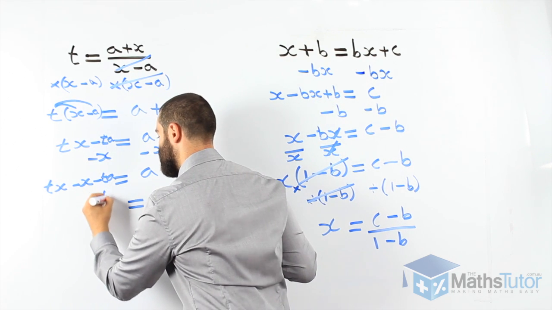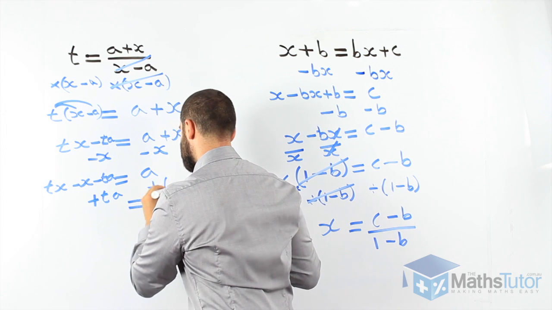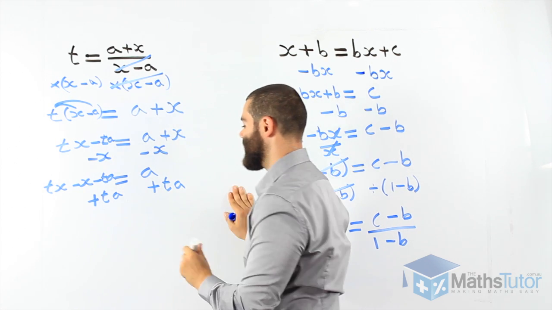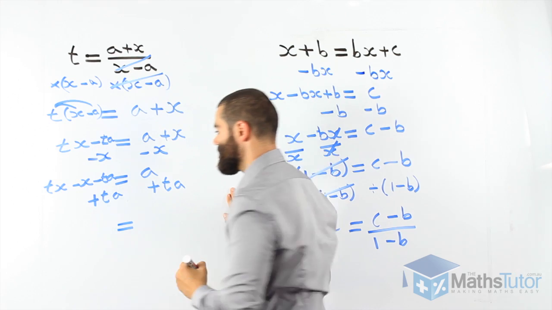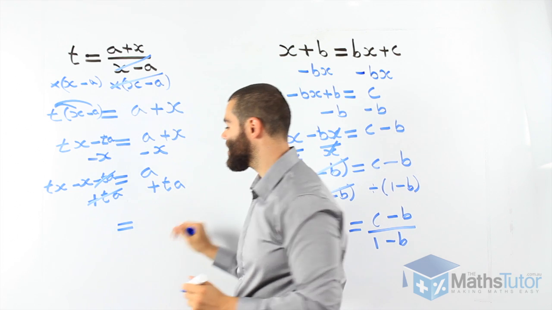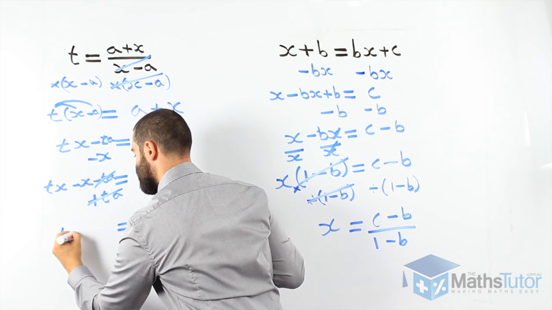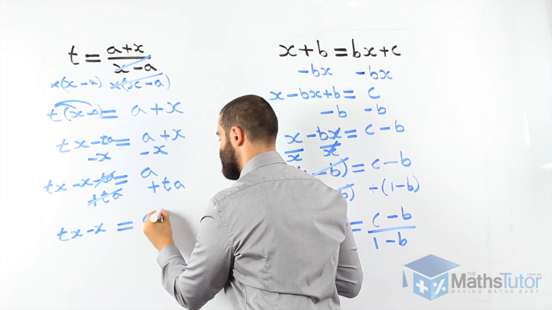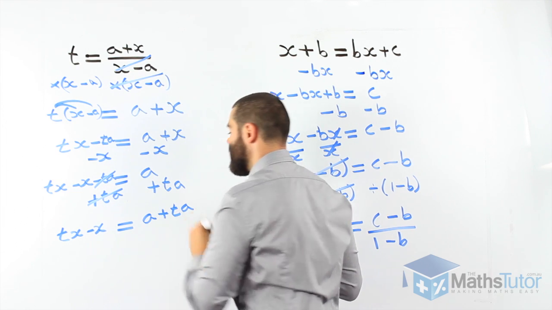So plus ta, plus ta. Okay. Now they cancel. We're left with tx minus x, and here a plus ta.